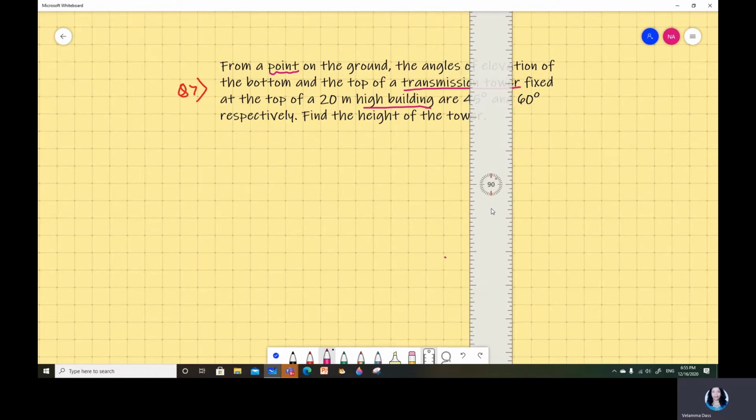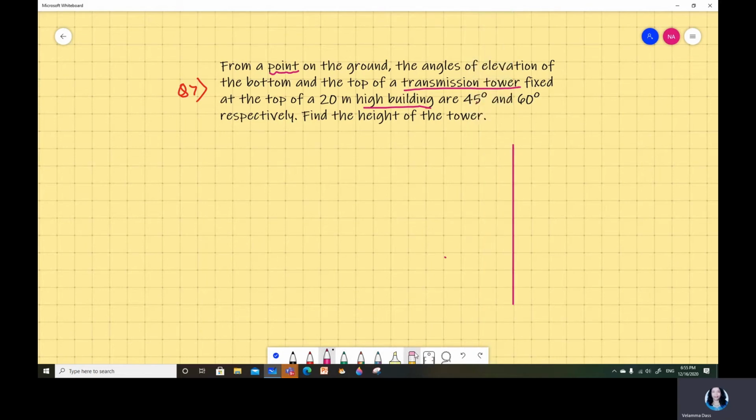Exactly 90 degrees vertically I have taken. So a building. This building has become too long. Let's take AB as the transmission tower, and let's take this BC as the building. BC is the building and this is the tower.